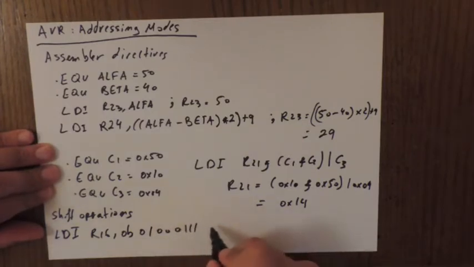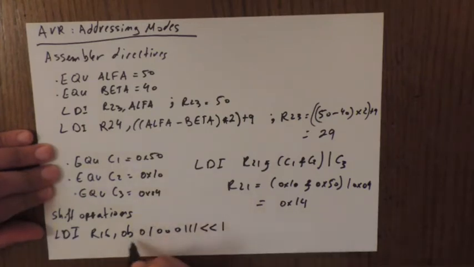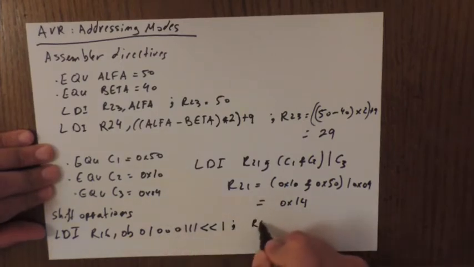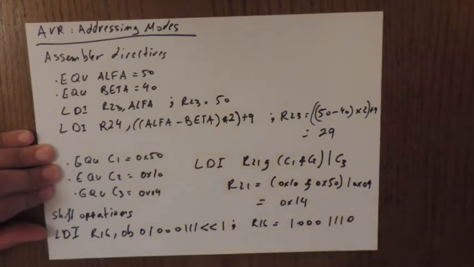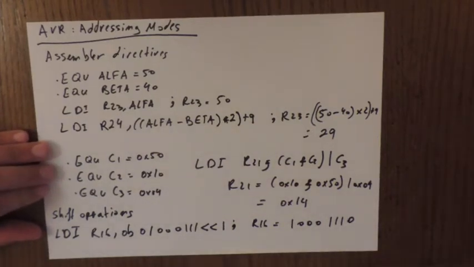We can do something like this, and this shifts the whole constant one step to the left. So now we have R16 is equal to 1 0 0. Okay, so these are some of the directives that we can use.